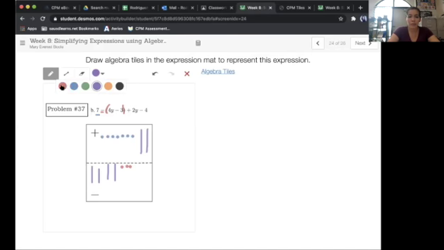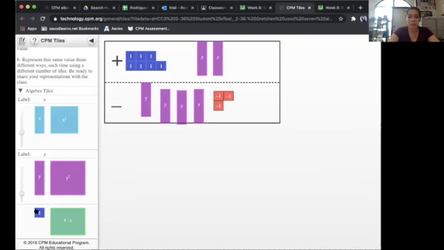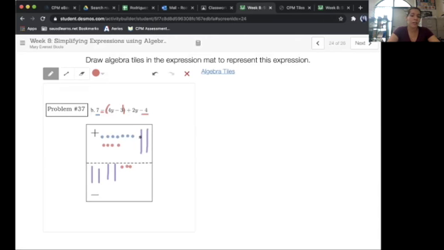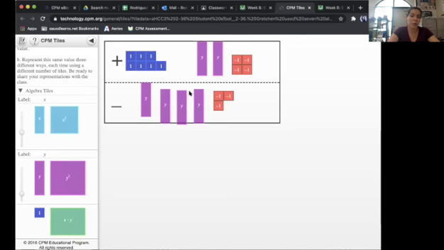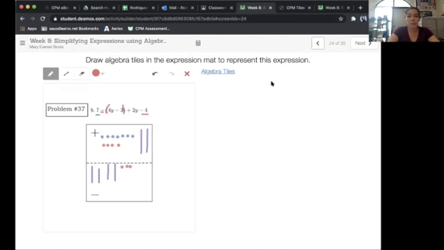So -4, I'm gonna do 1, 2, 3, 4. Here's the -4. And then on my tiles, I would just copy these. Okay, so this is basically what you needed to do, but we did it on here. So you could see the dots represent the tiles and the purple lines represent the Y tiles. And that's it.